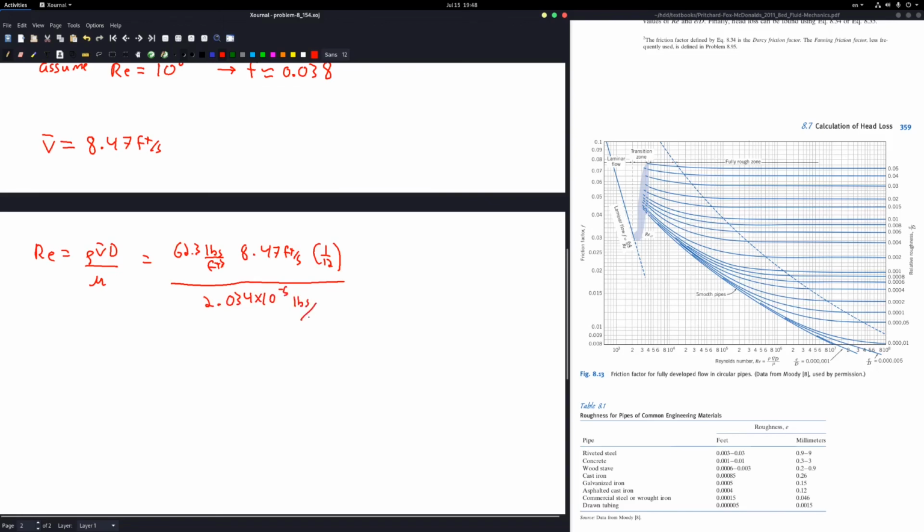So replacing in, we get 2 times 10 to the 6 for our Reynolds number, which is very close, considering that if we were to change the Reynolds number on the graph, we would still get the same friction factor. And finally, we obtain that our final flow rate is going to be 0.046 cubic feet per second.